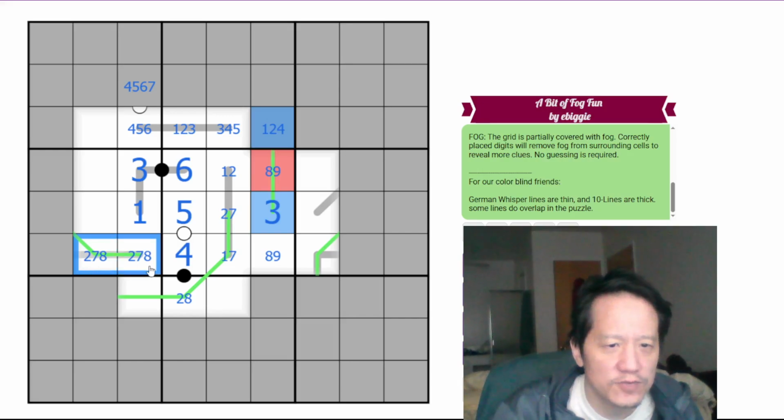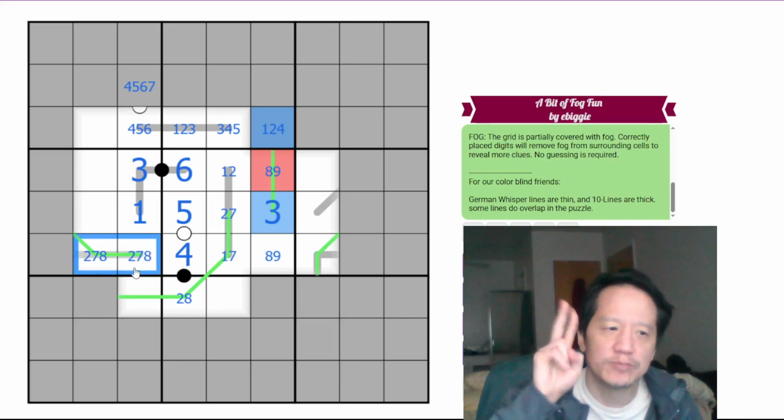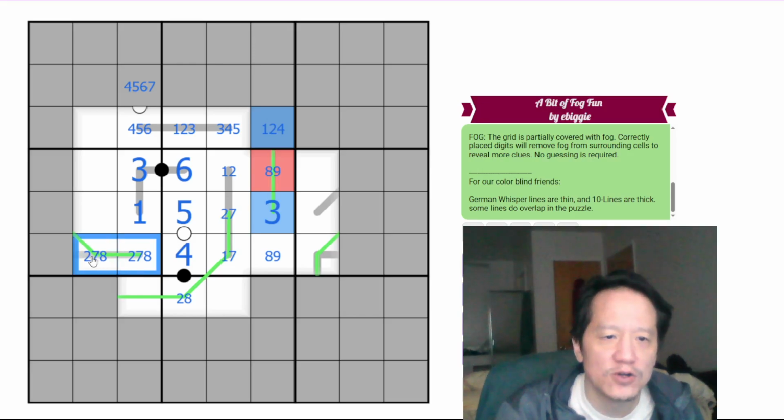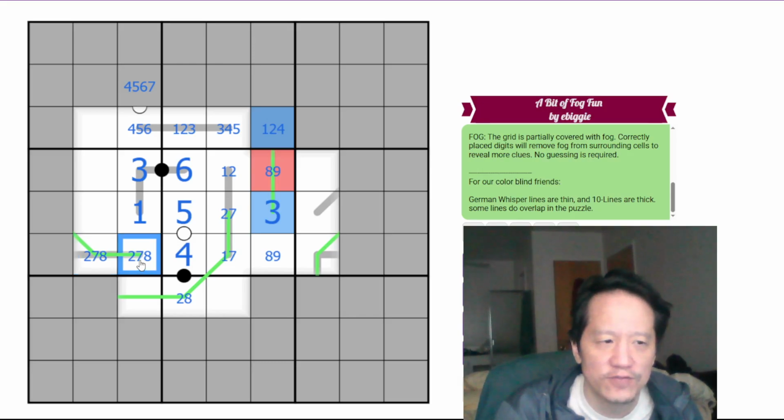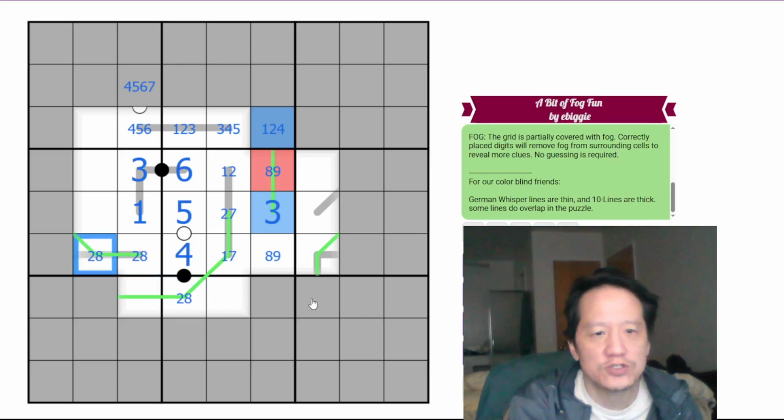And you could have 2, 9, but that doesn't add up to 10. And every cell on a 10 line must be in a set that adds up to 10. And if you had 2 and 9 here, the problem is either the 2 would be by itself or the 9 would be by itself, right? As a set. Because they don't add up to 10 by themselves. So this actually has to be a 2-8 pair.